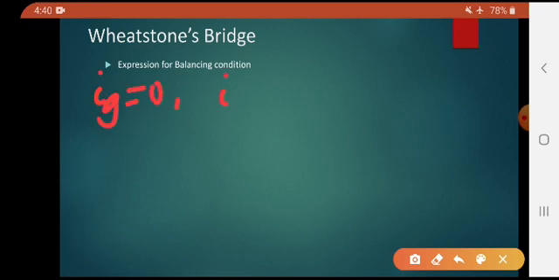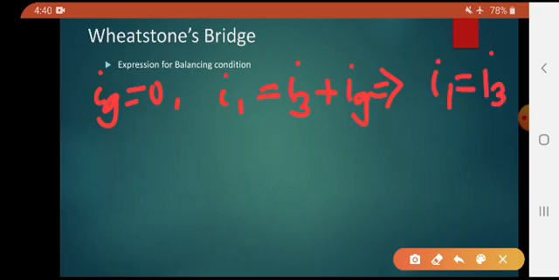Therefore equation 1 becomes I1 equals I3 plus Ig. From this, I1 equals I3.